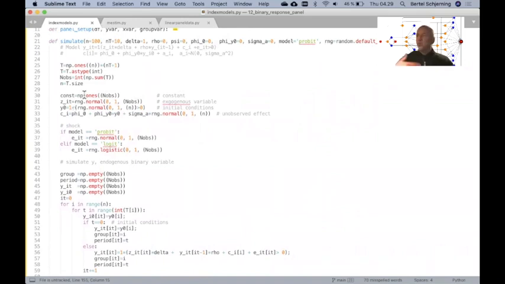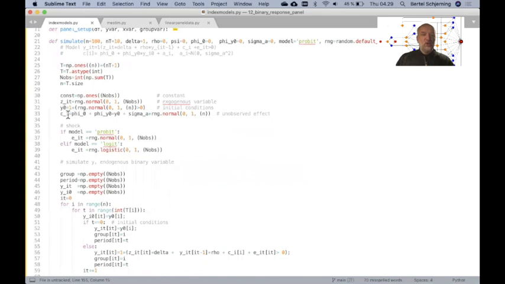First, it's really important that you simulate the exogenous variable. So the constant is exogenous. Epsilon IT is exogenous, we assume it's normally distributed. The initial conditions, well, we assume that is exogenous. So it's not necessarily correlated with anything. It could be correlated with explanatory variables, but we assume it's just exogenous.